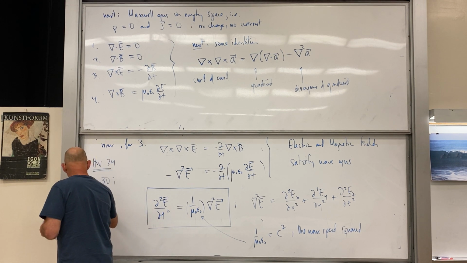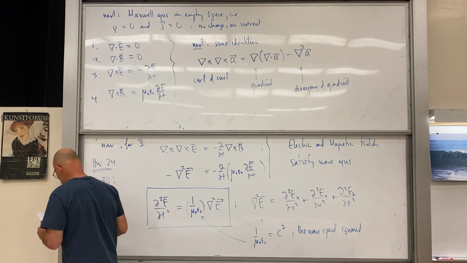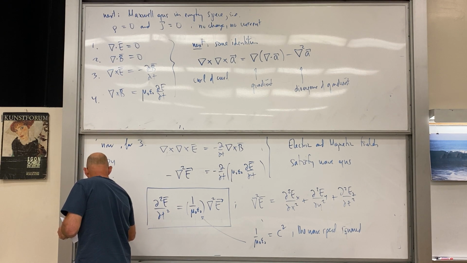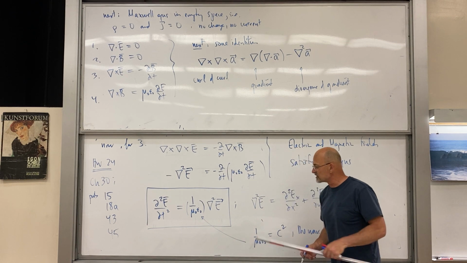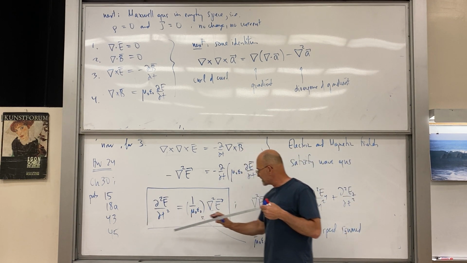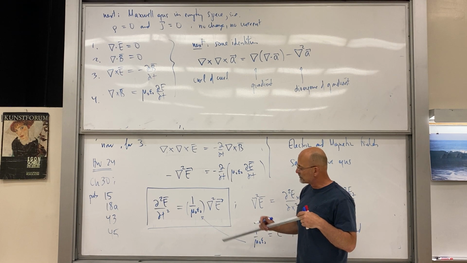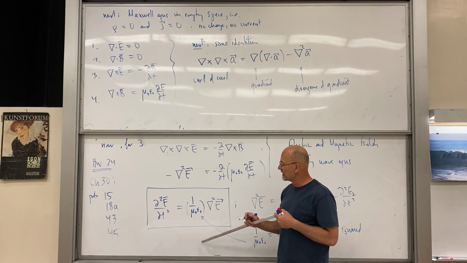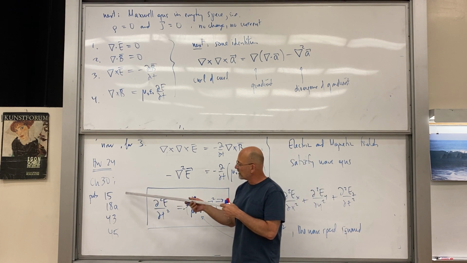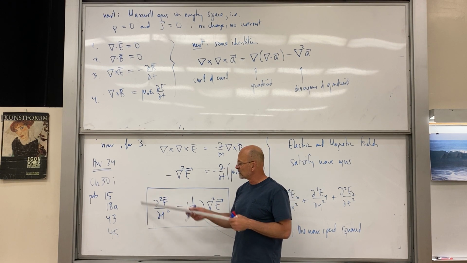We're looking at problems 15, 18a, 43, and 45. So yeah, a couple of these are very basic. One of them is just to calculate this out and see what you get. One of them is a very basic discussion of the wave equation, the one-dimensional wave equation. And a couple of these are about the Maxwell displacement current. Okay. So that's a good set.